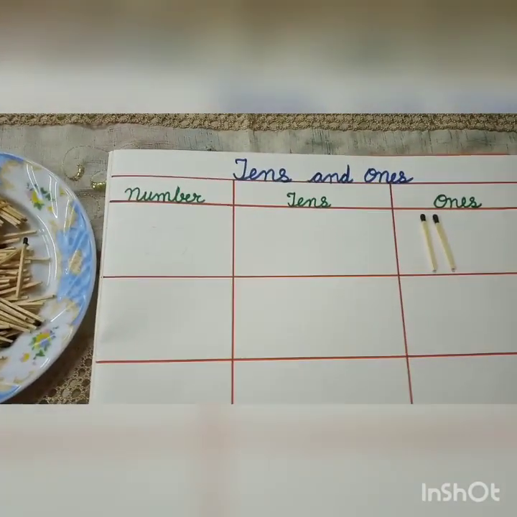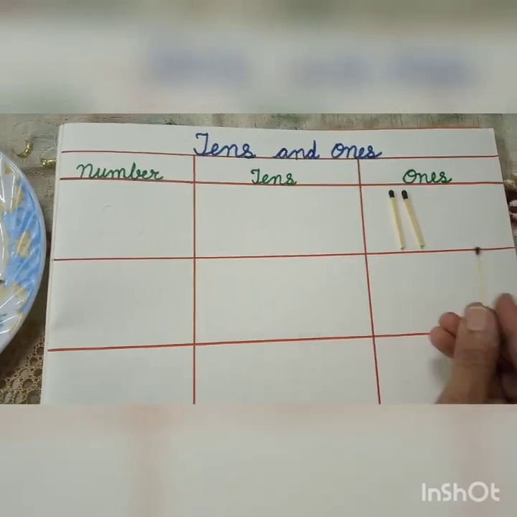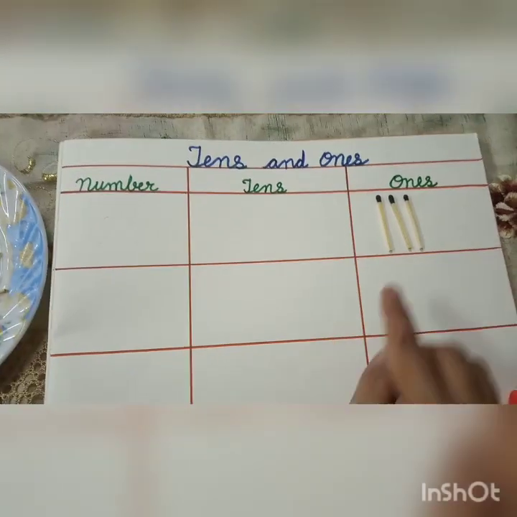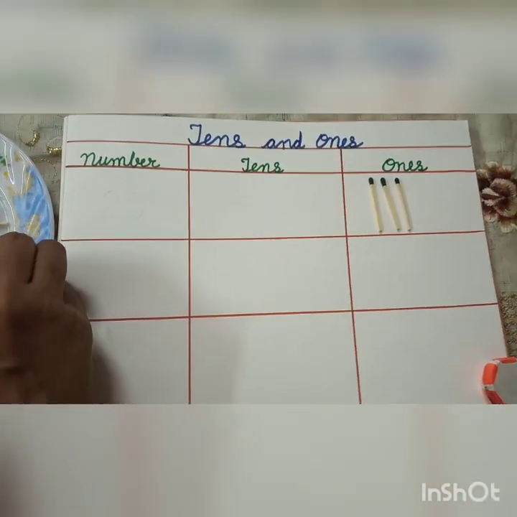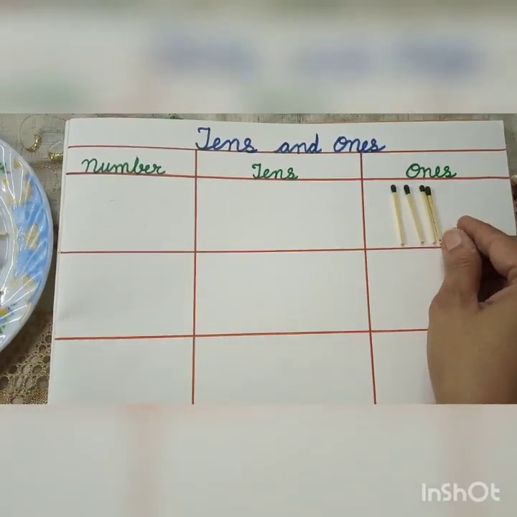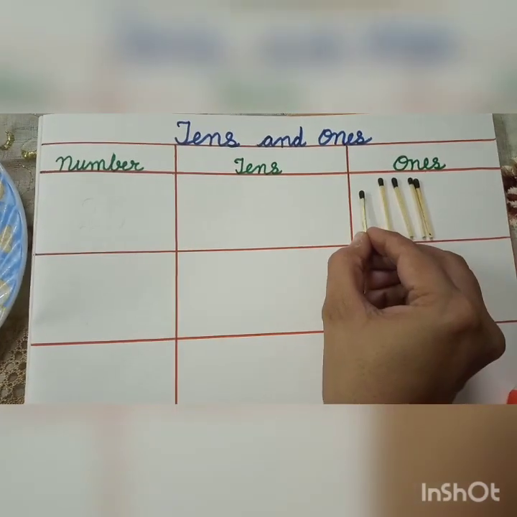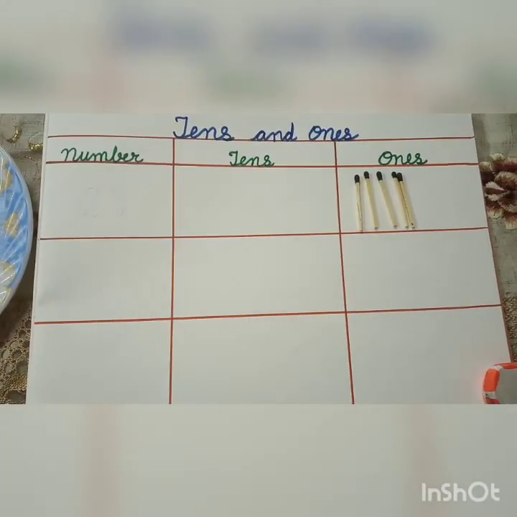Just like this, when I add more matchsticks, it will increase. How many matchsticks are here? 3 matchsticks. Now add one more. This will be 4 matchsticks. Now add one more. That will be 5 matchsticks.